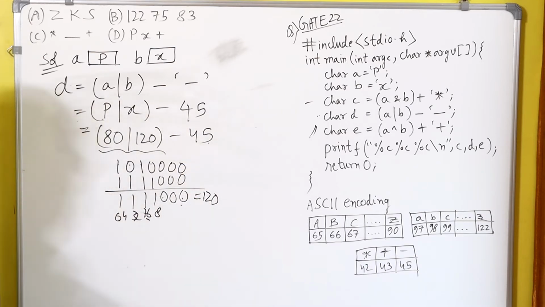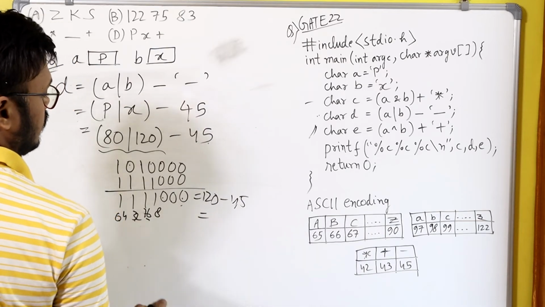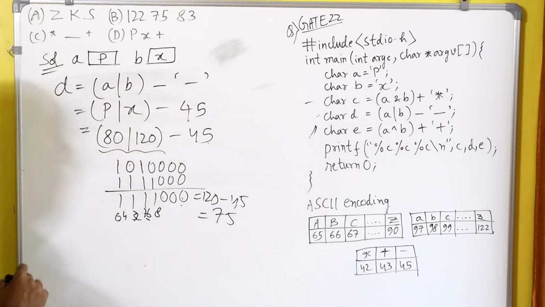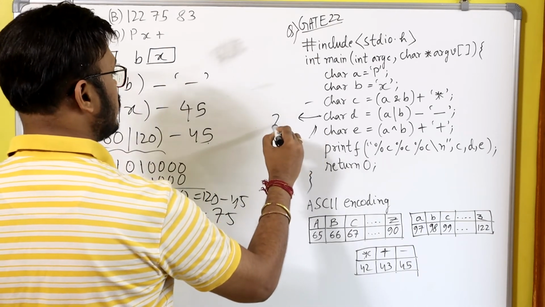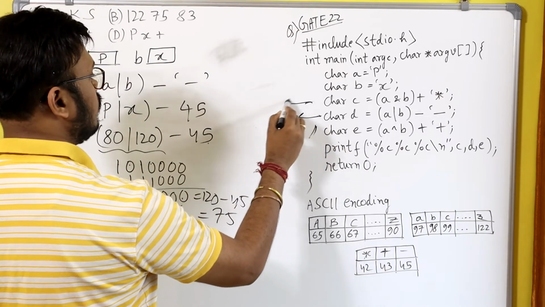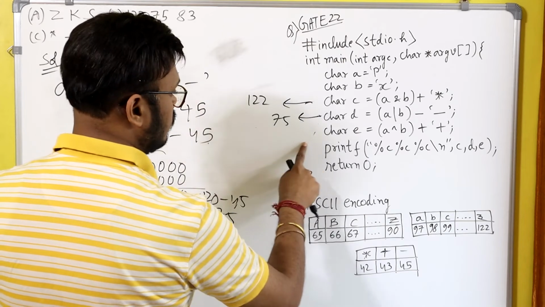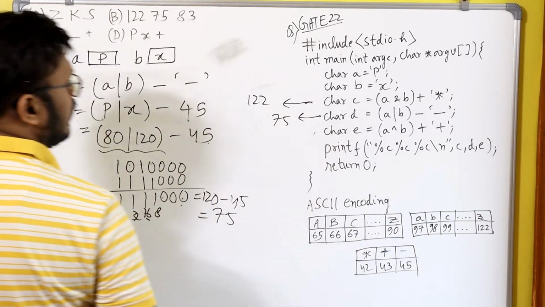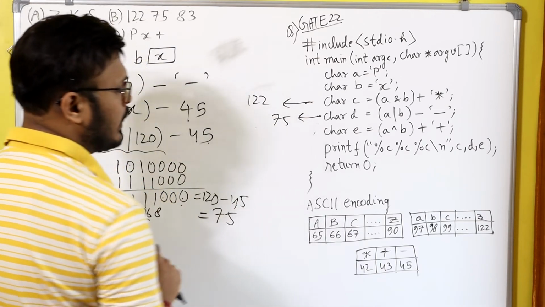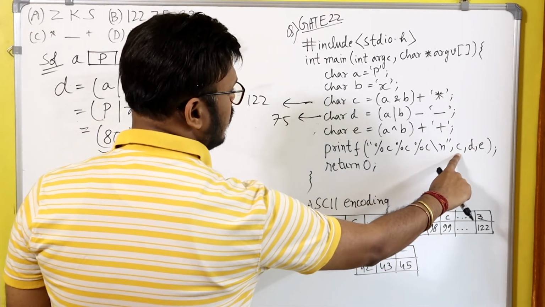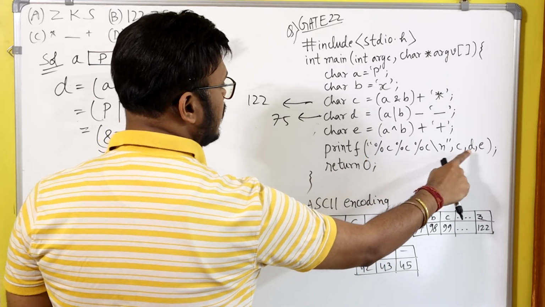So just subtract 45 from 120. Okay. So 120 minus 45, 55, 60, it's 75. So now D will contain the value 75. Okay. So now D contains the value 75 and C contains the value what? 122. Okay. So now let's calculate char E. But you see, it's not required to calculate the value of char E, because in the printf the values of C, D and E are printed.